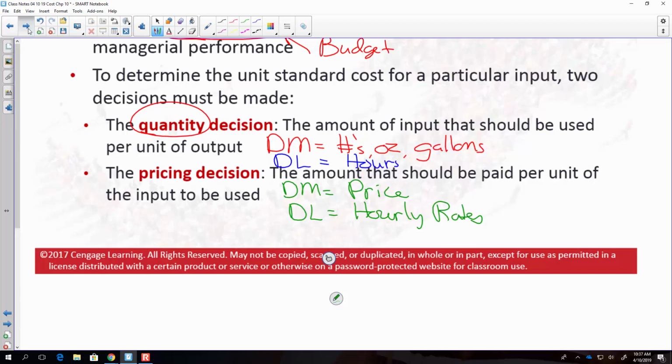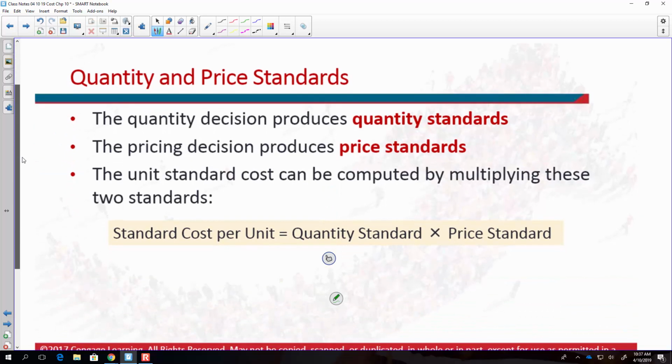So, they go through another definition barrage with any new chapter. The goal here is to set up a cost per unit, a standard cost per unit. So, like any chapter we did in cost, it was always a cost per unit. That's our goal. How much is it?